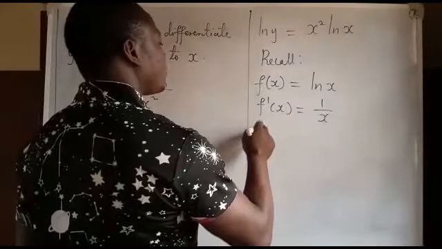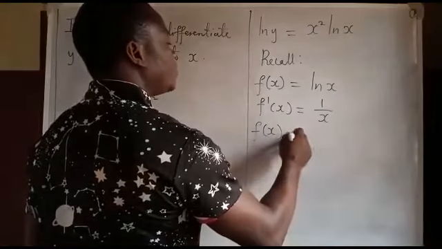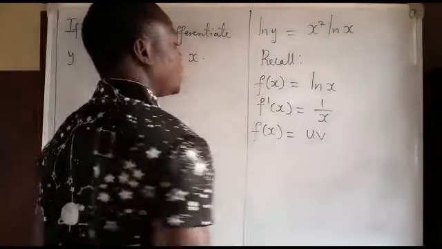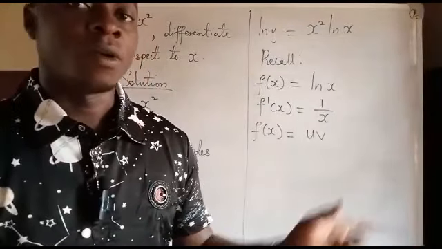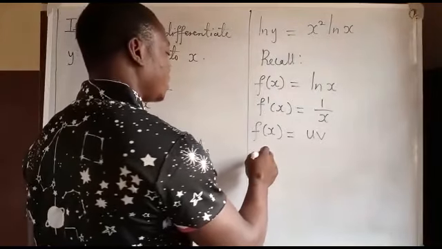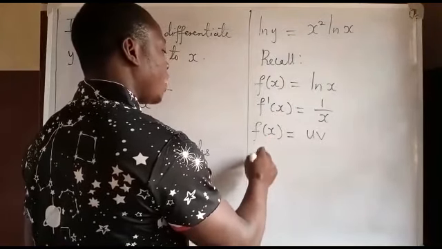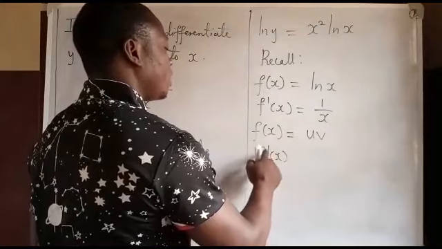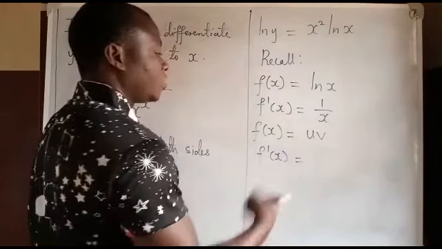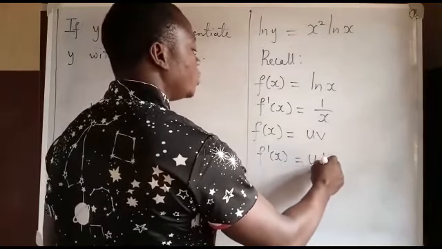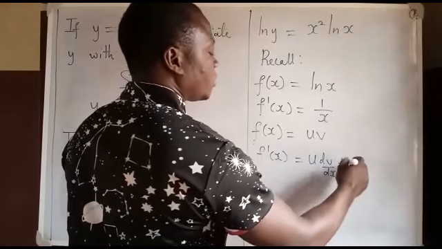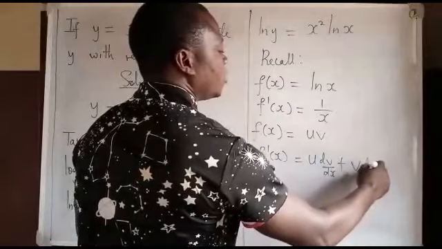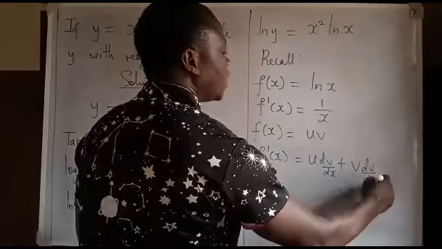Also, if you have f of x equals uv, where u and v are functions of x multiplying each other, what is going to be the derivative of this? The dy dx of this, or f prime of x, is going to be u dv dx plus v du dx.